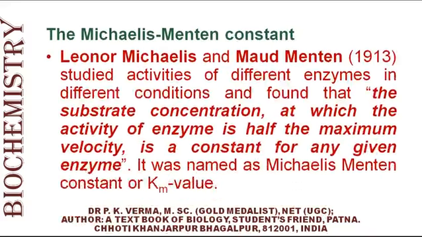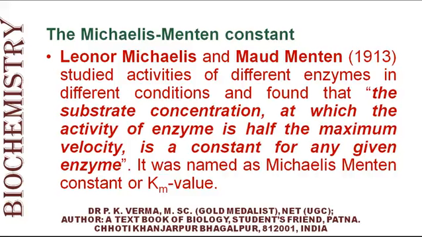Michaelis and Menten in 1913 studied a number of enzymes, made graphs, and found that the substrate concentration at which the activity of the enzyme is half the maximum velocity is a constant for any given enzyme. That means you can change the amount of enzyme, changing the value of Vmax.